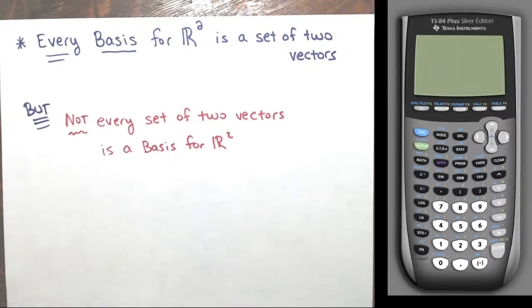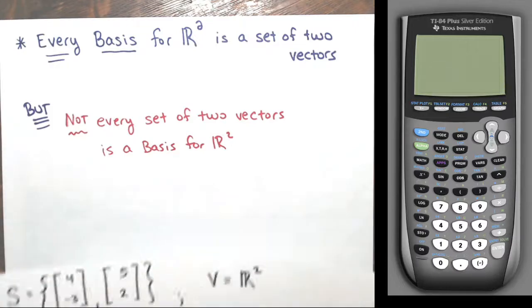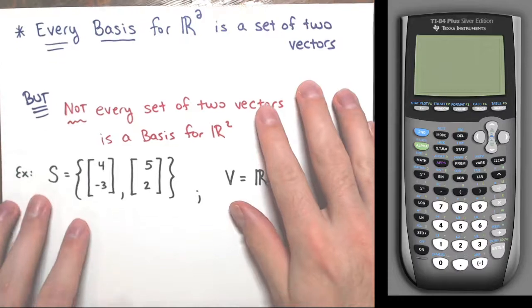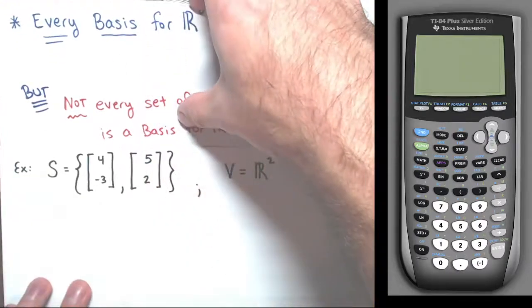So let's see that in the next example. I'll just do the next two and we'll see. I mean, this one is another basis, but let me just show you. I'll bring this statement back.